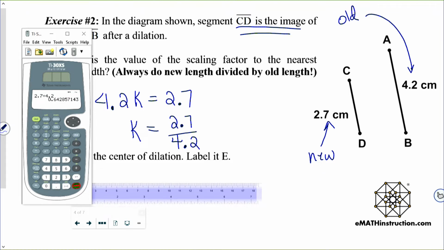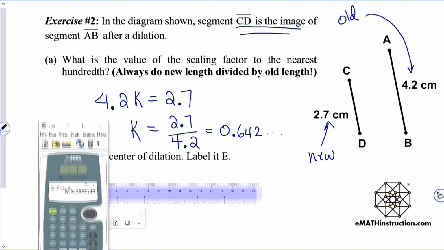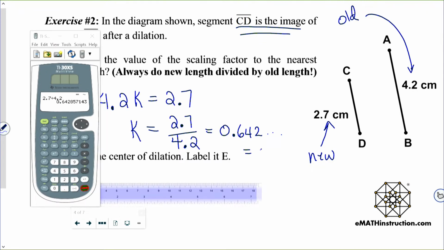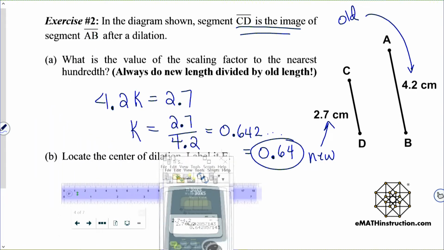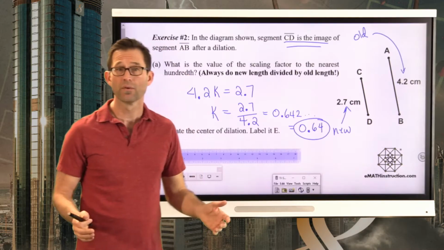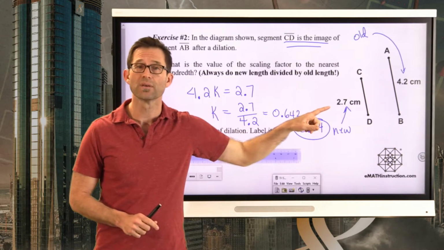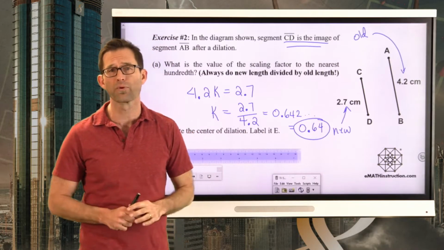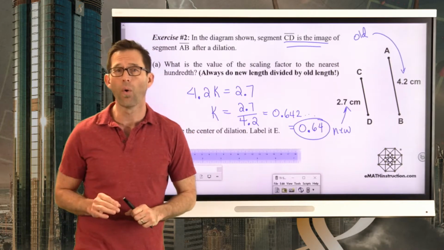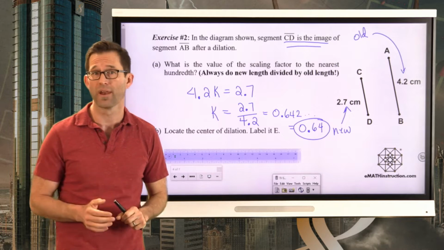Kind of an ugly number, 0.642, etc. We want it to the nearest hundredth, and that's 0.64. And if you want to think about this in terms of percent, we could say that the newer length is 64% of the older one, which means it's smaller than it.